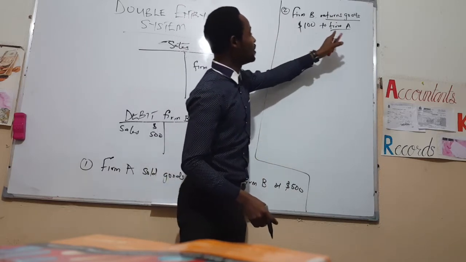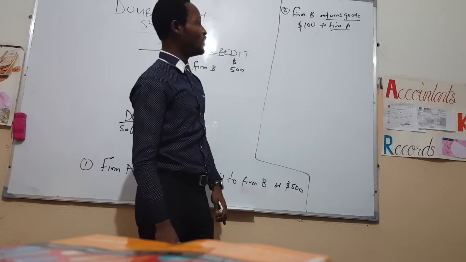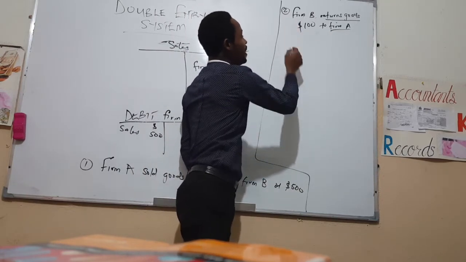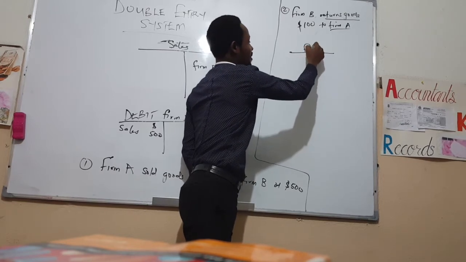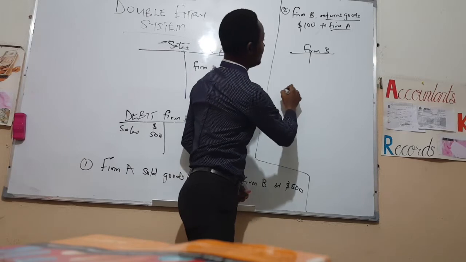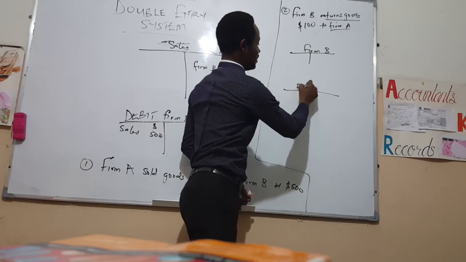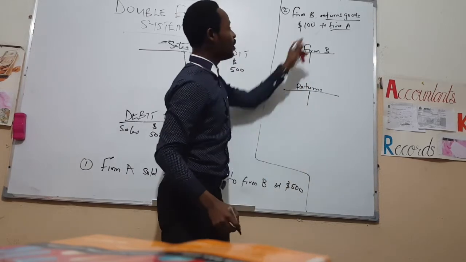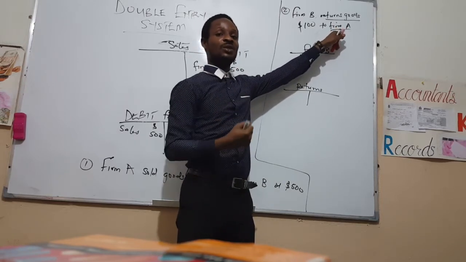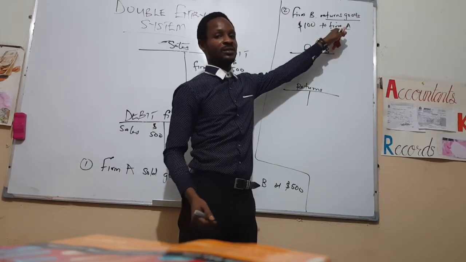And the firm returning the goods will be opened. So in firm A's account, firm B is the giver. And returns account, because firm A is receiving goods, that is called returns inwards.